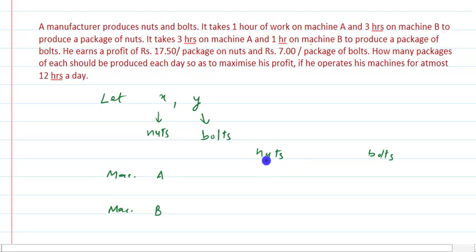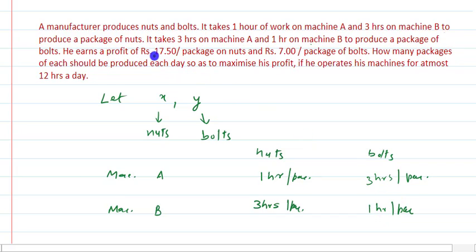Means to say, to produce nuts it takes 1 hour on machine A and 3 hours on machine B for one packet. It is also given that it takes 3 hours on machine A and 1 hour on machine B to produce a package of bolts. We can write 3 hours per package and 1 hour per package to produce bolts on machine A and on machine B respectively.